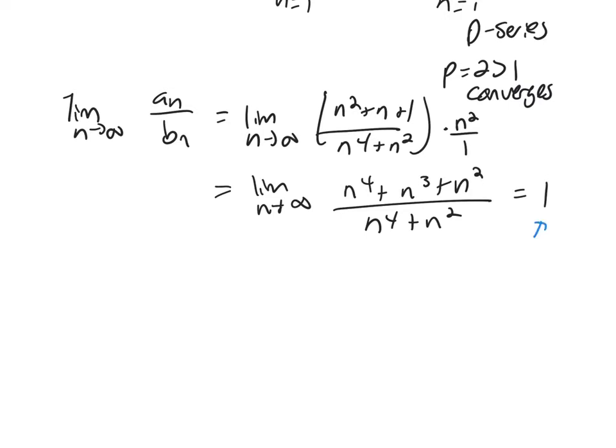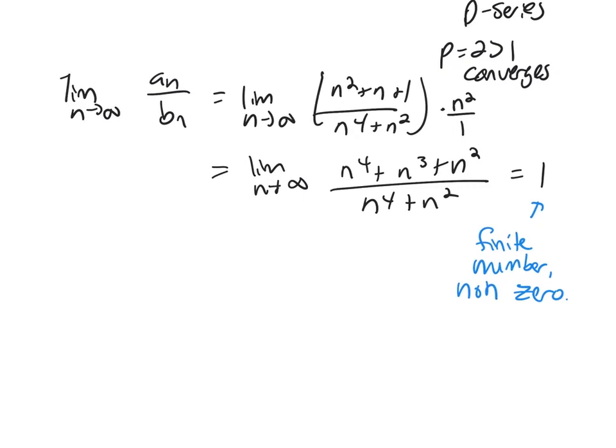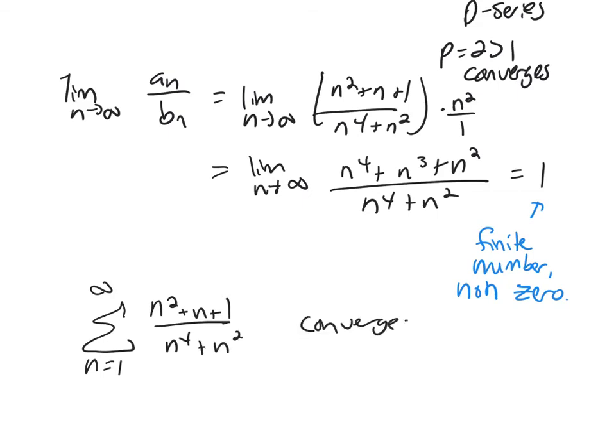And what you need to get here is a finite number that's non-zero. So we got a finite number and it's not 0, so both of the series have to behave in the same way. So I now know that this series that I was asked about converges by the limit comparison test.